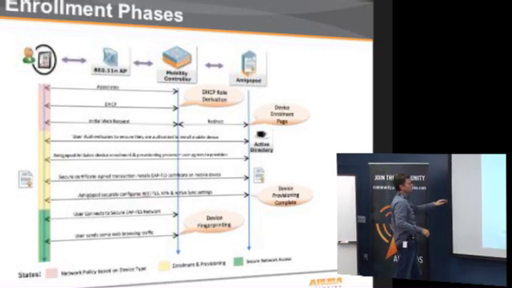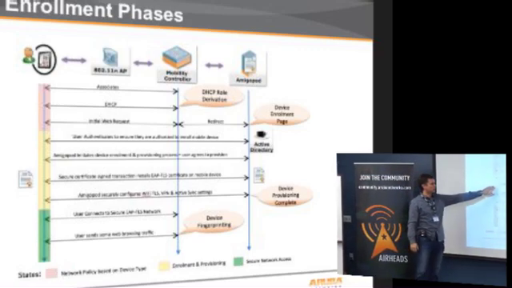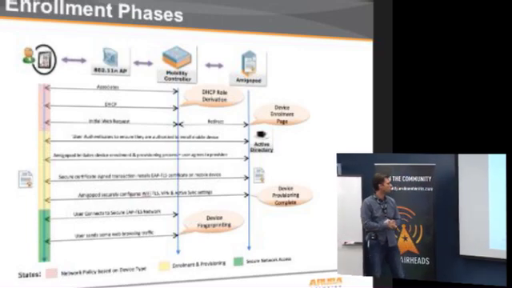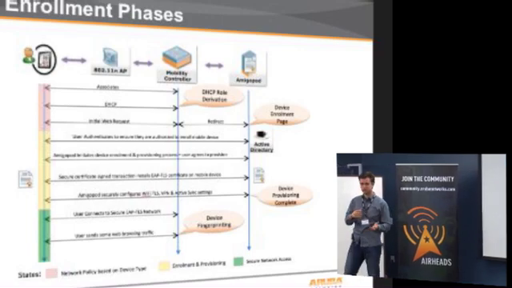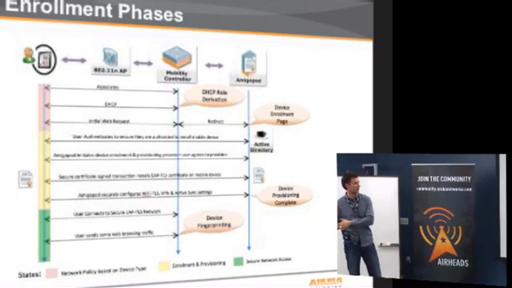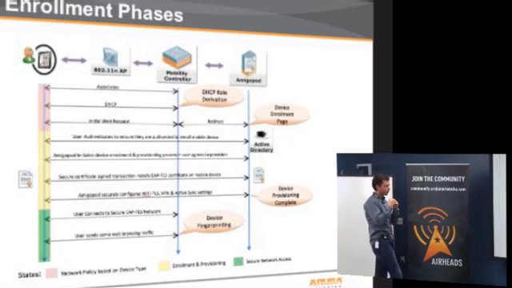Once we've done that, what we do is we kick off this provisioning process using the MDM APIs from Apple. That allows us to interact with the certificate store on the device. It'll send us a SCEP request. We can actually sign that request.